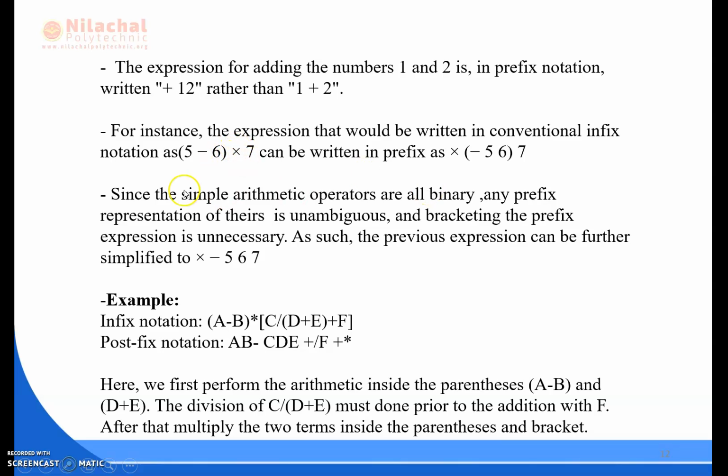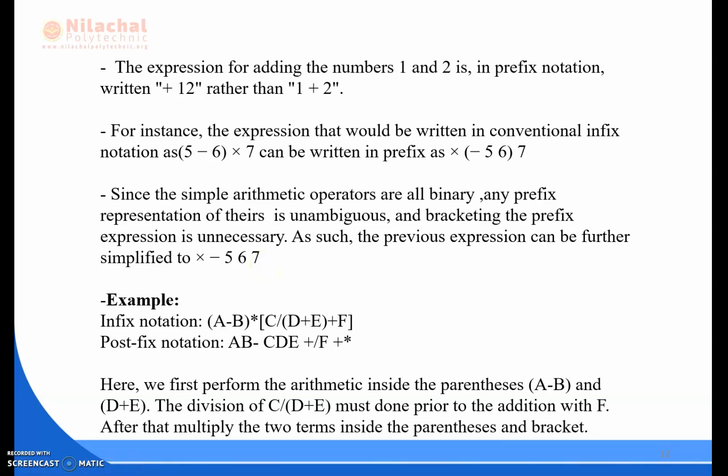Operand 1 is minus 5 6, operand 2 is 7, and in between we have a multiplication operator. Finally, we write the multiplication sign as the operator first, then operand 1, then operand 2. Minus 5 6 was the first operand and 7 the second operand. So we can remove the bracket and finally write it as multiplication minus 5 6 7.